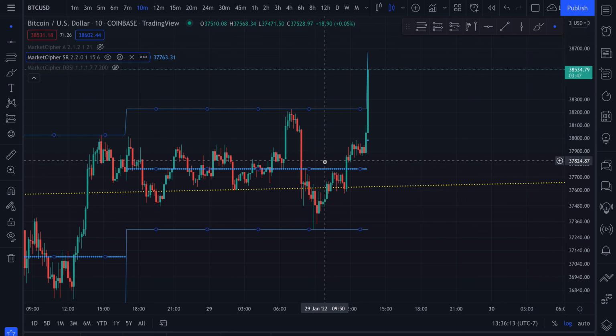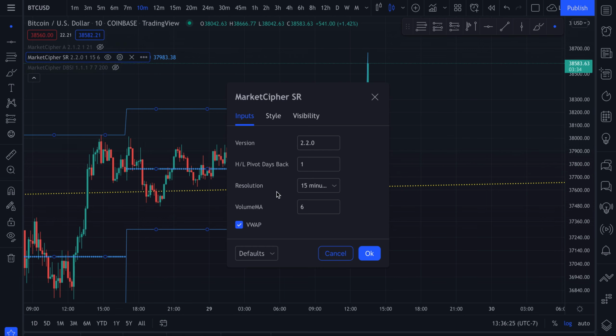Like I said, you can change whether it's a day, you can change whether it's an hour. It's completely up to you. I like to keep it on the hour. Also, this resolution right here, you can mess with it and find out what you like.